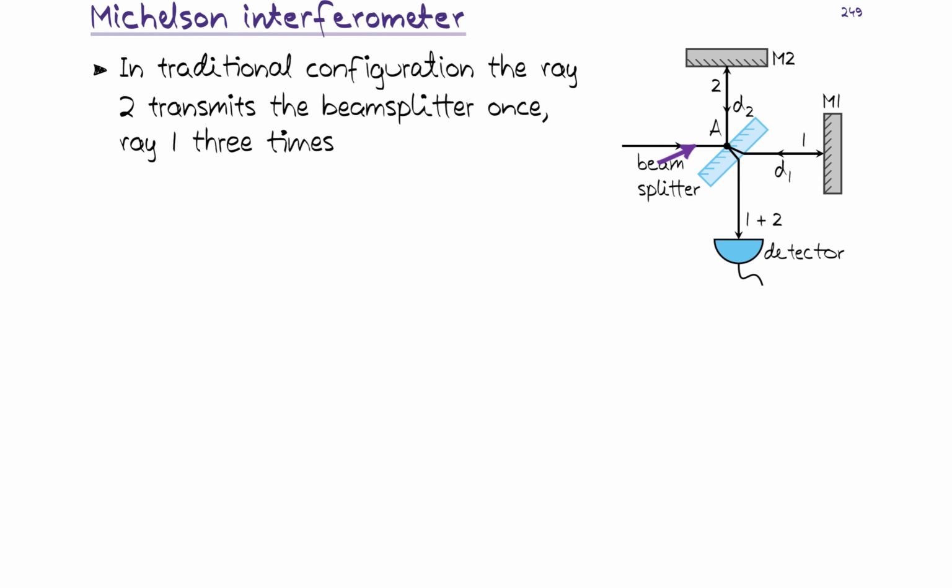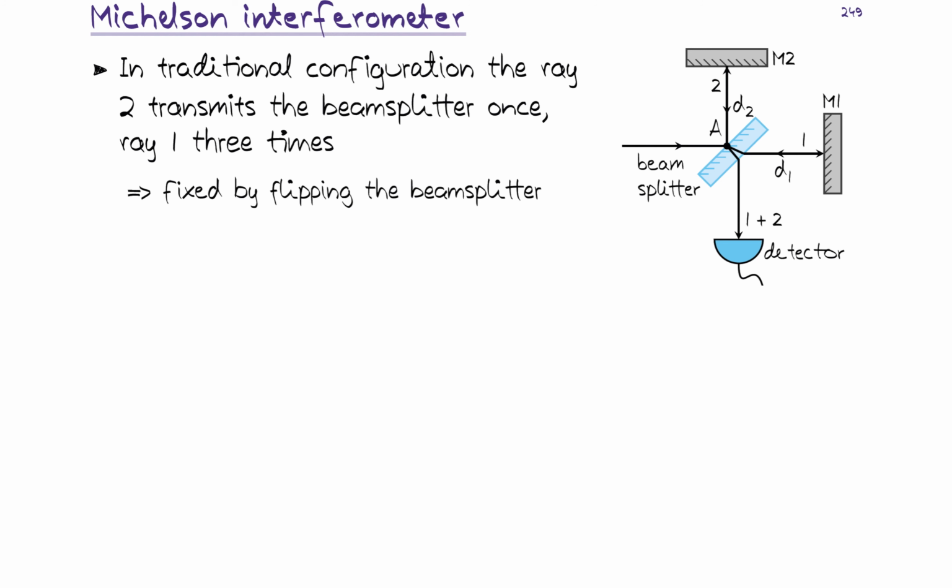Ray 1 comes, goes through the beam splitter once, is reflected by mirror 1, then goes through a second time, and then a third time through the beam splitter before it hits the detector. So this is exactly the case, and this is something that can be improved.